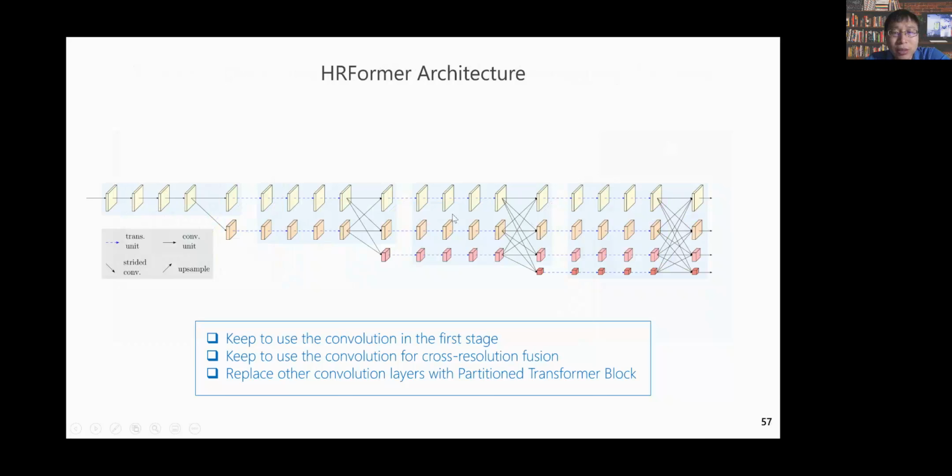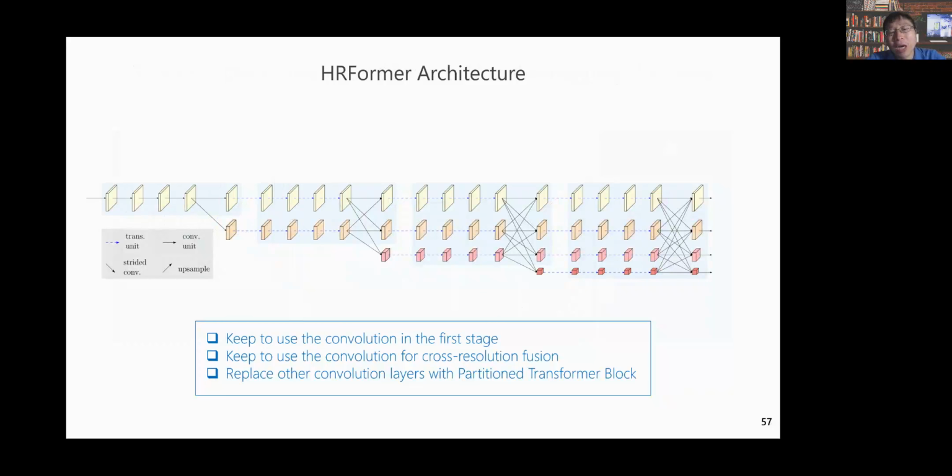For the second, third, and fourth stages, we still use the convolution for the cross-resolution fusion and only replace the convolutions in the same resolution with the previously described partition transformer block. This change is very simple.